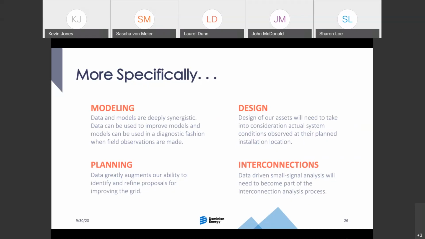And this notion also extends into the longer term planning world as well. And we didn't give you any specific examples of that today, but this is something that we're actively working on. We're anticipating a world where data-driven planning is really just as basic of a competency as using, say, PSSE to do N-1 contingency analyses.